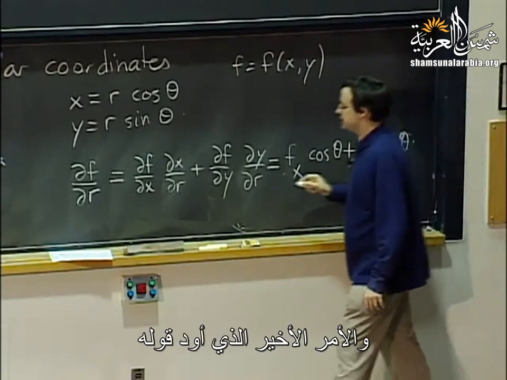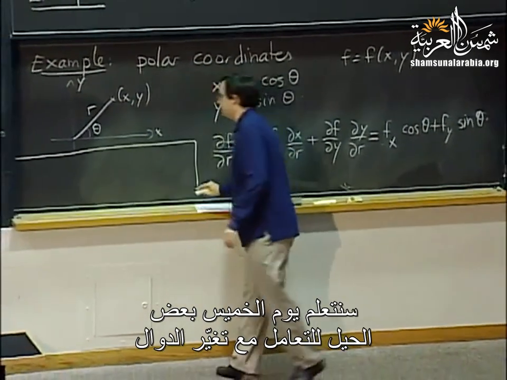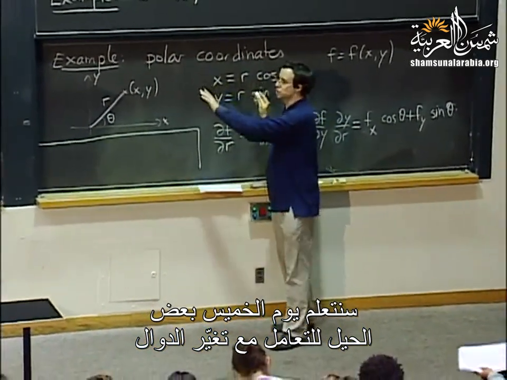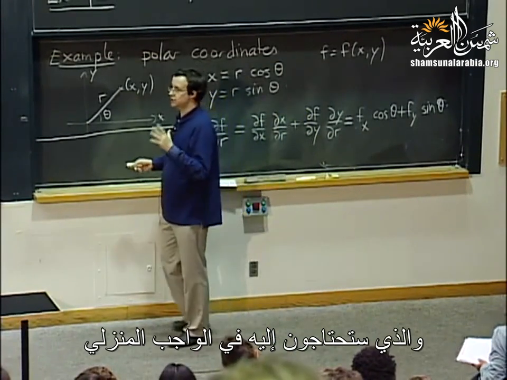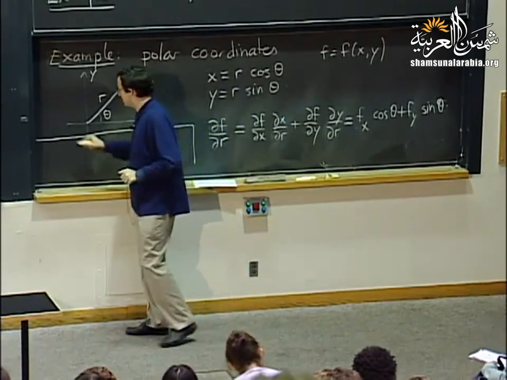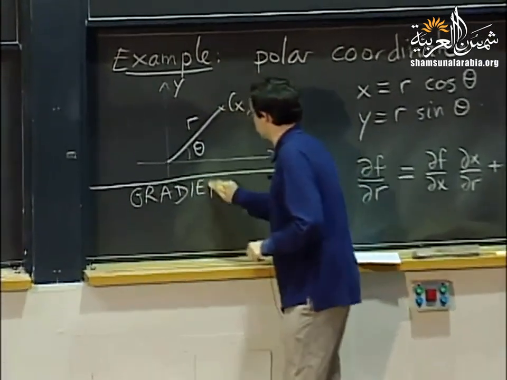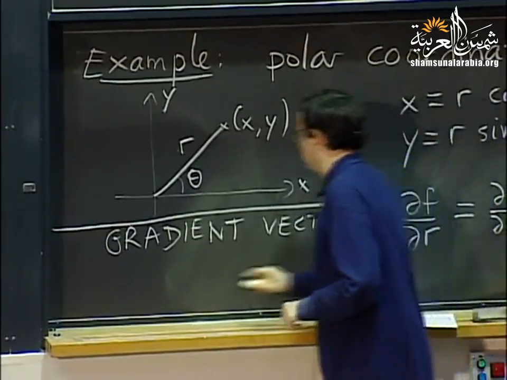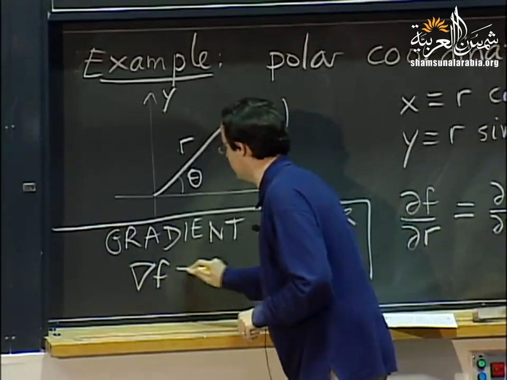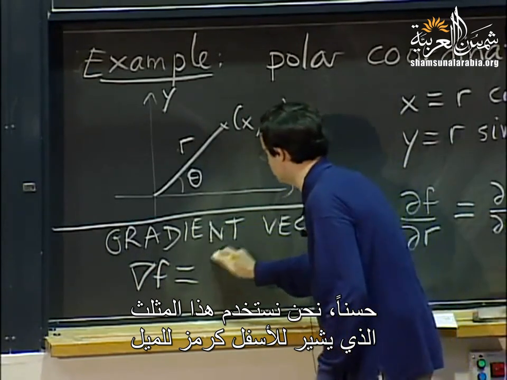And one last thing I should say. On Thursday, we'll learn about more tricks we can play with variations of functions. And one that's important, because you need to know it actually to do the p-set, is the gradient vector. So the gradient vector, you use this downward pointing triangle as the notation for the gradient.